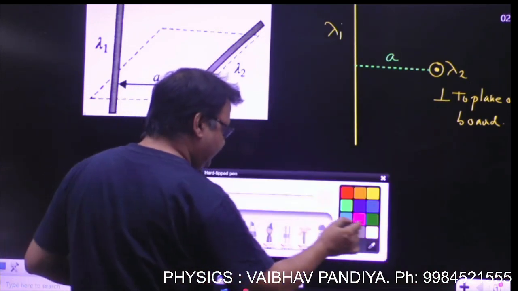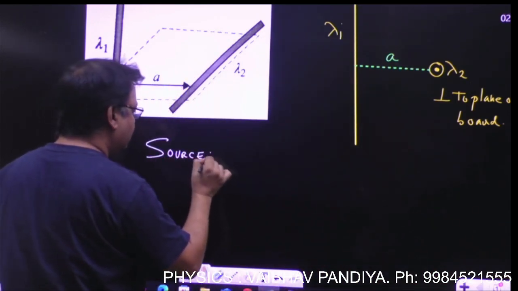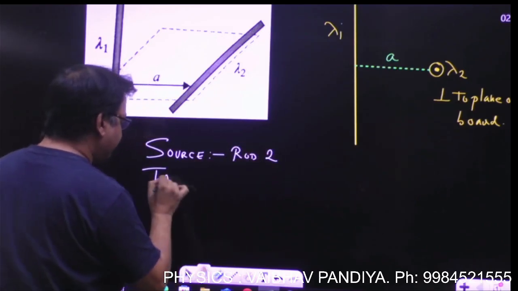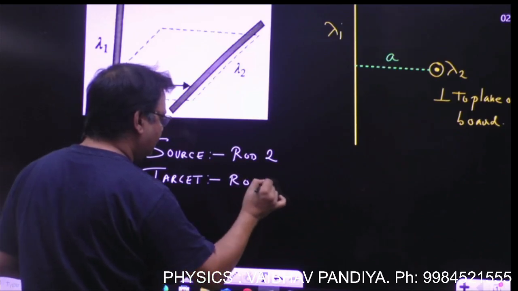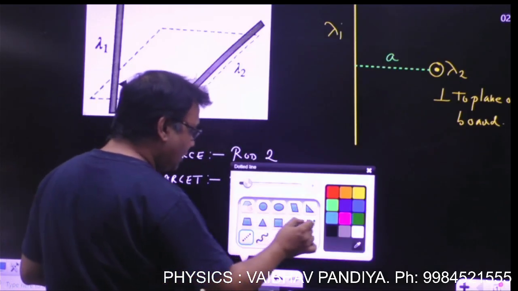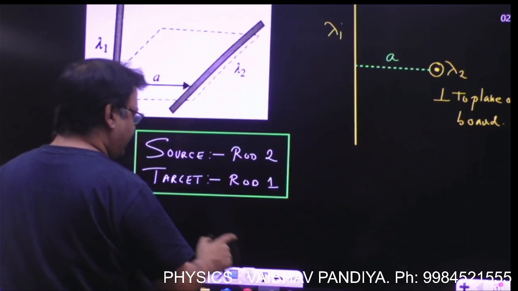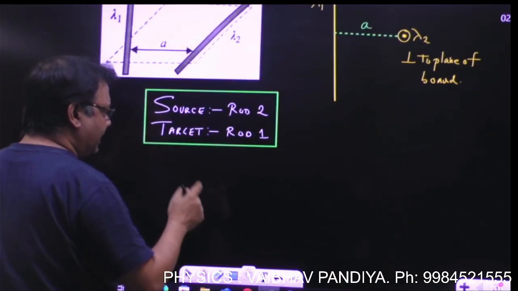So what I am doing, I am taking the source as rod 2 and the target as rod 1.